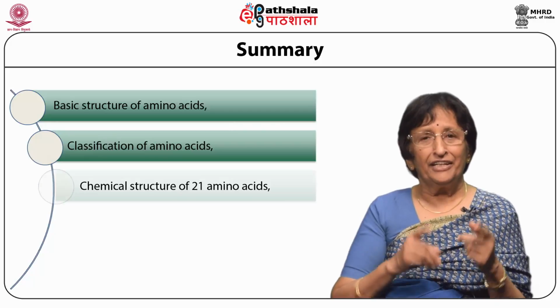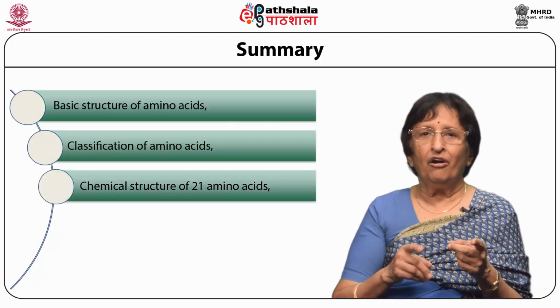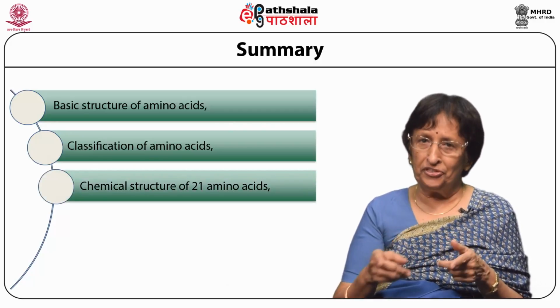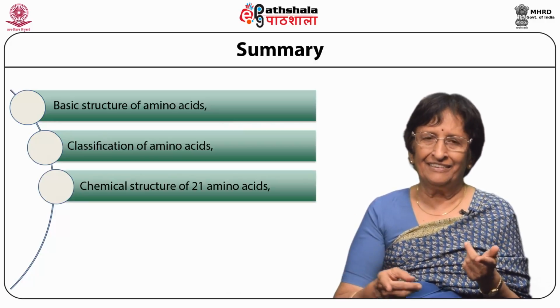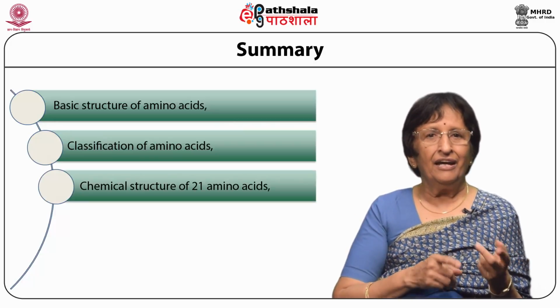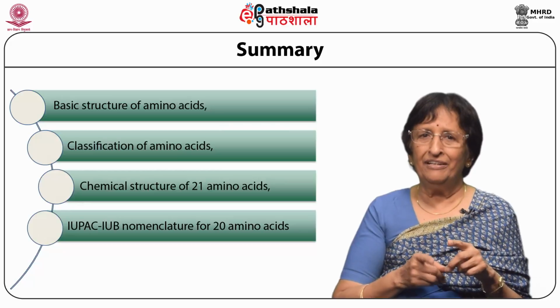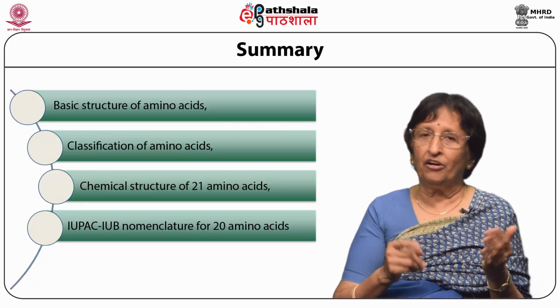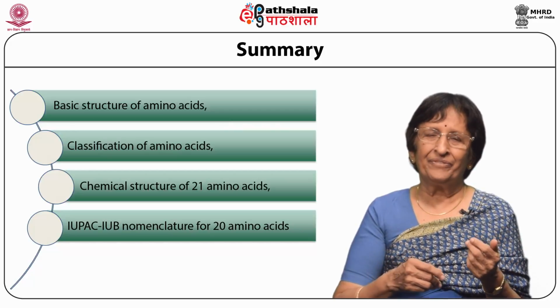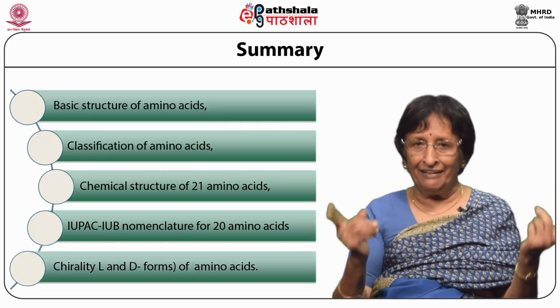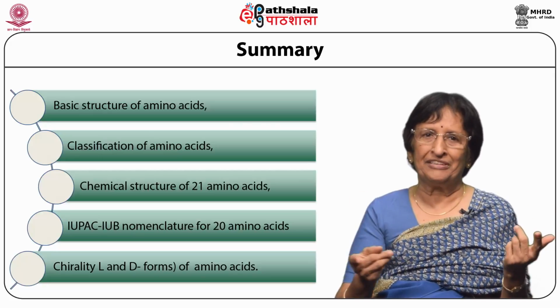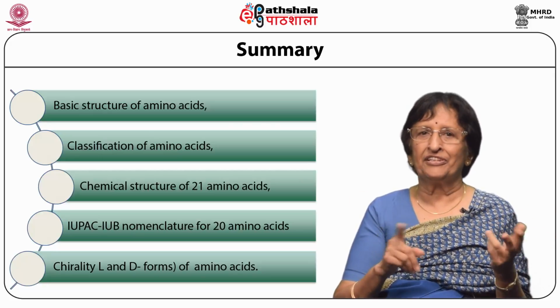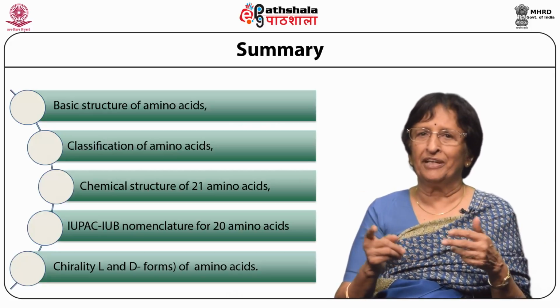We studied chemical structure of 21 proteogenic amino acids. We have also learned IUPAC-IUB nomenclature for 20 amino acids occurring in various proteins. We learned what is a chiral protein or chiral amino acids, and we learned what is the L and D forms of different amino acids.